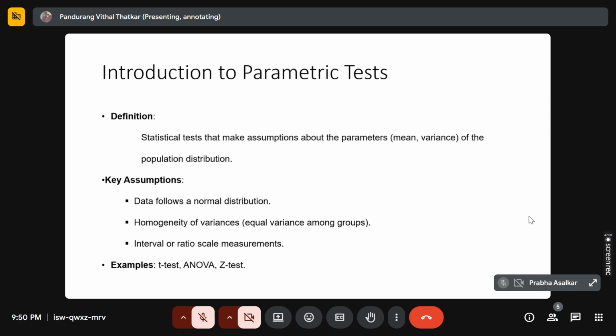And interval or ratio scale of measurement. The data should be measured on interval or ratio scale. If data is ordinal or nominal scale, we can go for a non-parametric test of significance. Examples of parametric tests are t-test, ANOVA, or z-test.